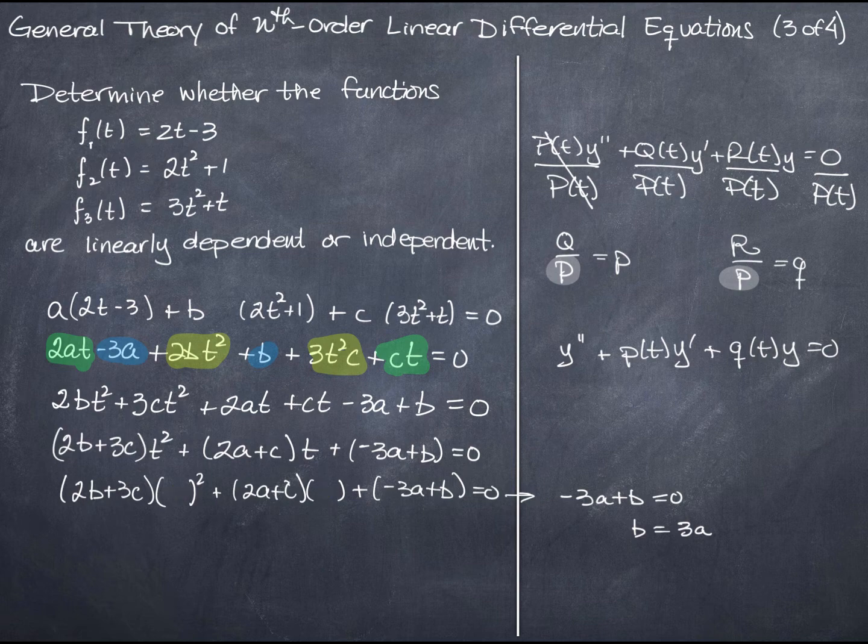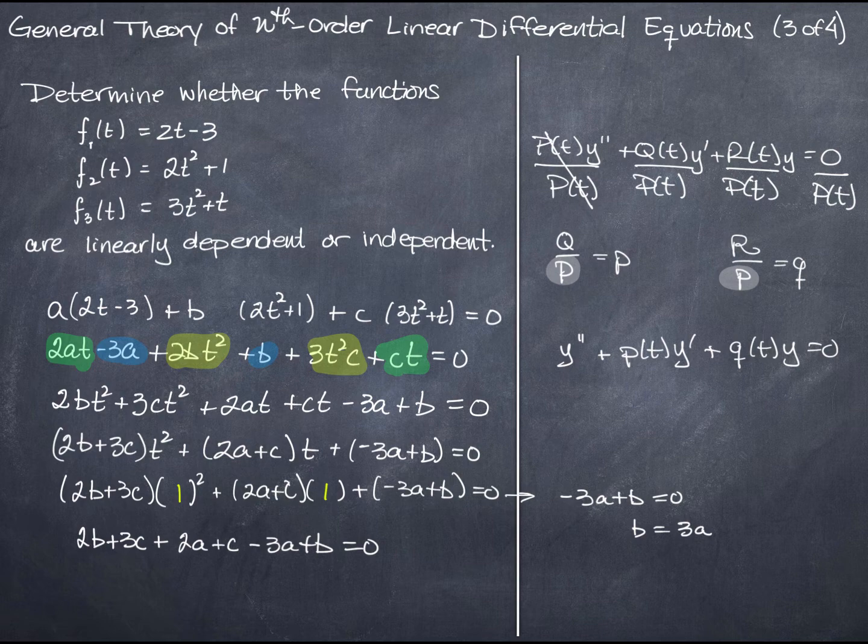If t is 0, let's erase the 0 and put a different value in there. What if t is 1? Then I get 1 squared is 1. So I get 2B plus 3C times 1 plus 2A plus C times 1 plus negative 3A plus B. And that still has to add up to 0.